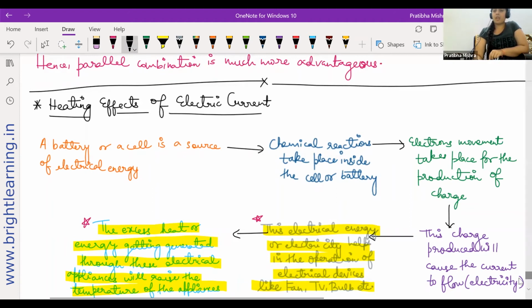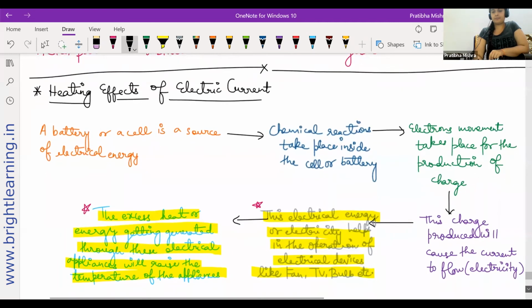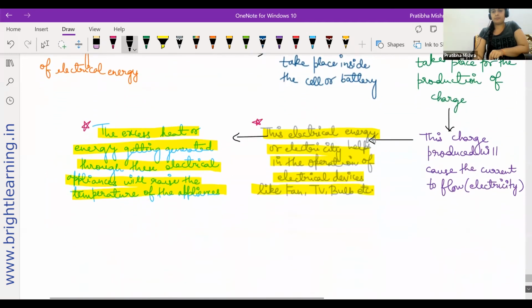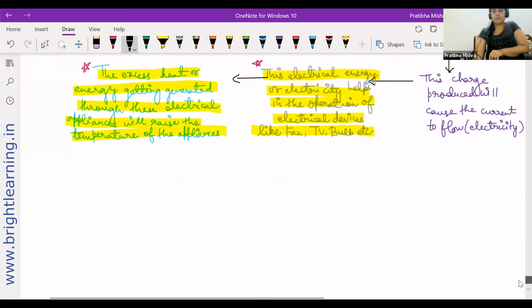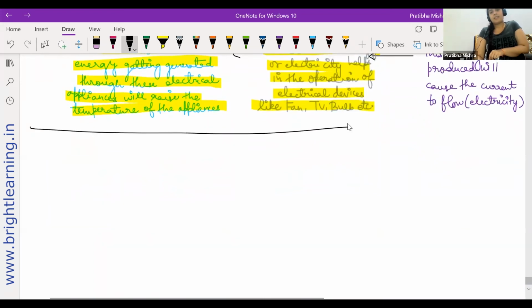I will scroll down a little bit. Yeah, so imagine a lot of heat is generated, right? Basically, just give me 1 second, let me write it here. Suppose what can be written here?